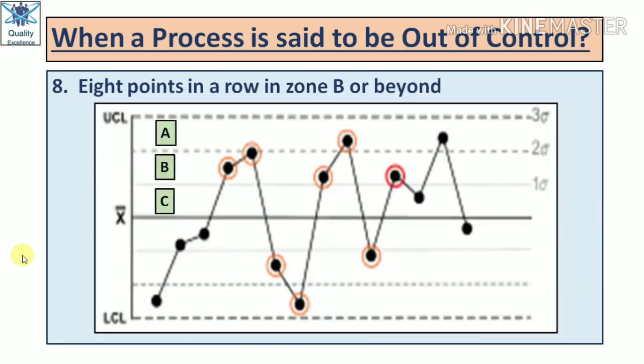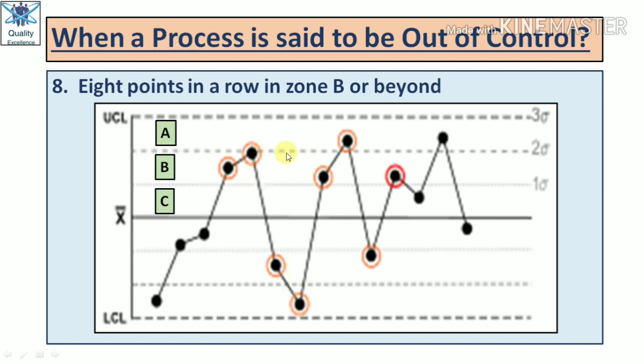And the eighth one is 8 points in a row in zone B or beyond. You can see here 8 points. This is in zone B, 2 points in zone B, then crossing the average, and here you can see again it is in zone B, this is in zone A, again crossed the average and towards the upper control limit, this is in zone B, zone A. So if you see, there are a total of 8 points which are in zone B or beyond, whether it is on this side of the average or on this side of the average.